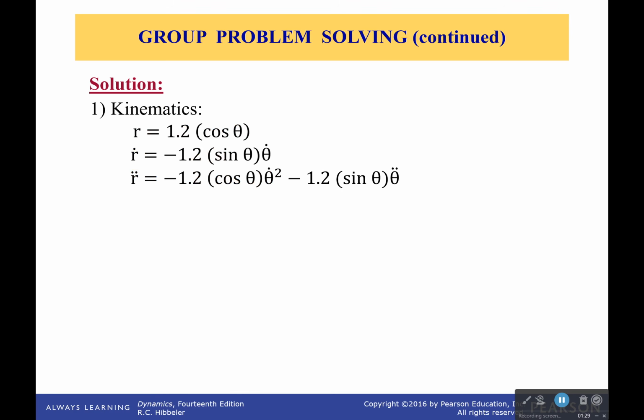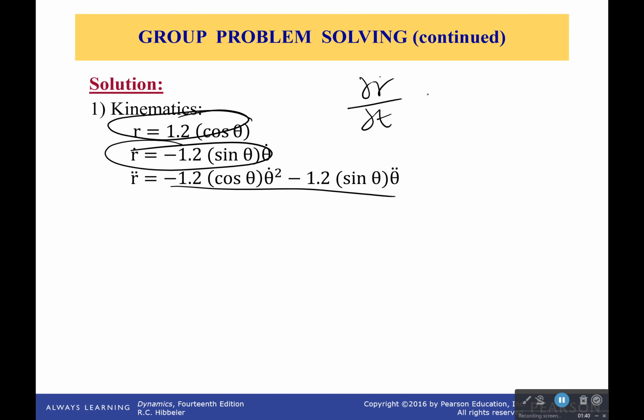First off, we know what the radial position is, and so we can see how that changes with time. We're using the chain rule to get this, where we don't know dr/dt, but we do know d theta/dt. Make sure I do this right, because I always want to mess things up.